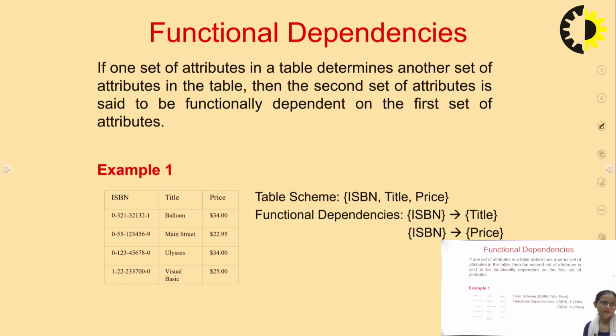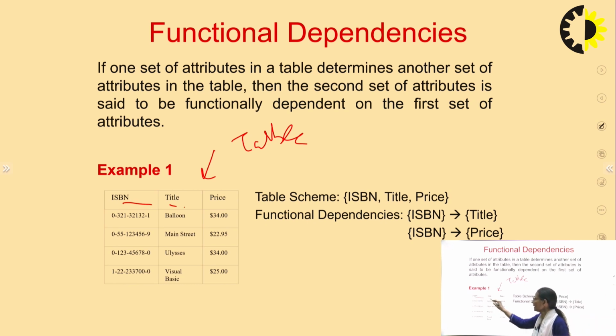If one set of attributes in a table determines another set of attributes in the same table, our table is not changing, clear? Then the second set of attributes is said to be functionally dependent on the first set. For example, we have three attributes here: ISBN, title and price.